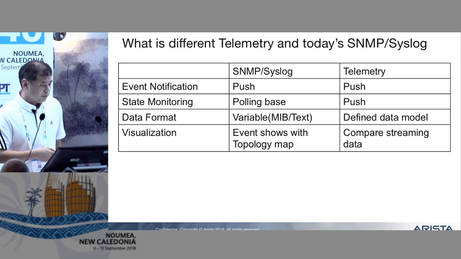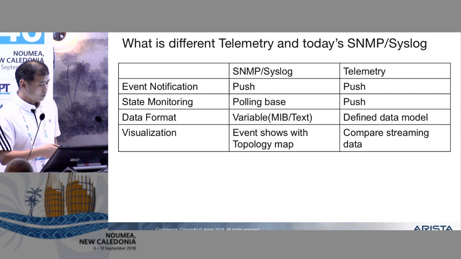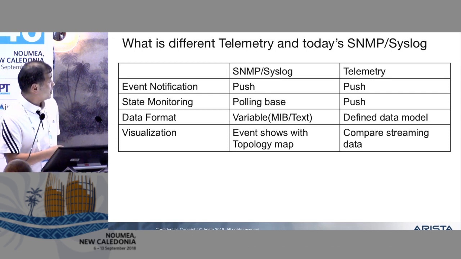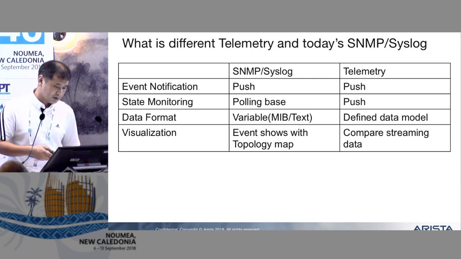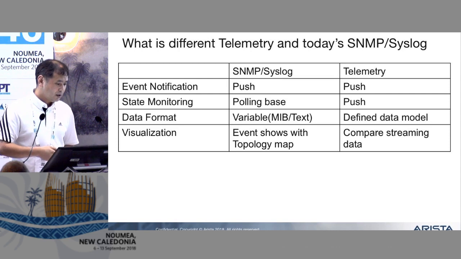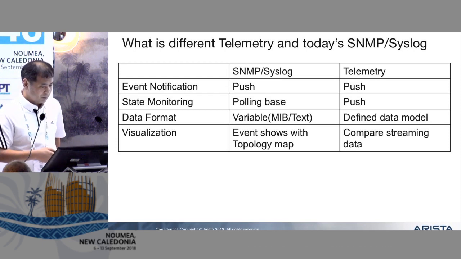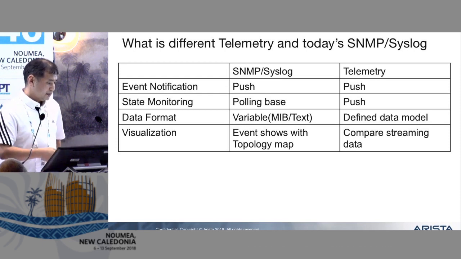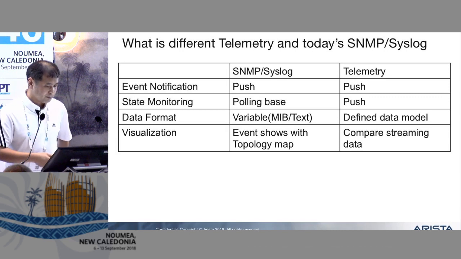For event notification, SNMP uses trap, a push-type notification, and telemetry, of course, is push-type monitoring. For state monitoring, SNMP is polling based, but telemetry is push-type monitoring. For data format, SNMP uses MIB, and syslog is text-based information.